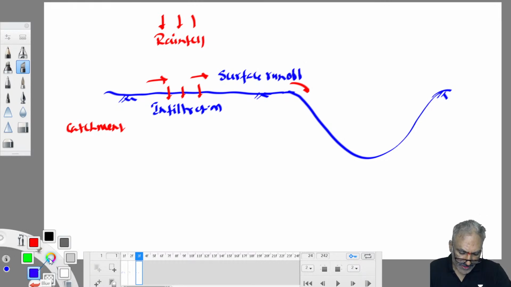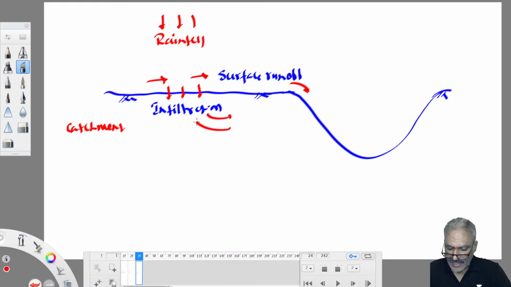Some portion of the infiltrated water moves laterally in the catchment and ultimately joins the water body from the top layers of the geological strata.